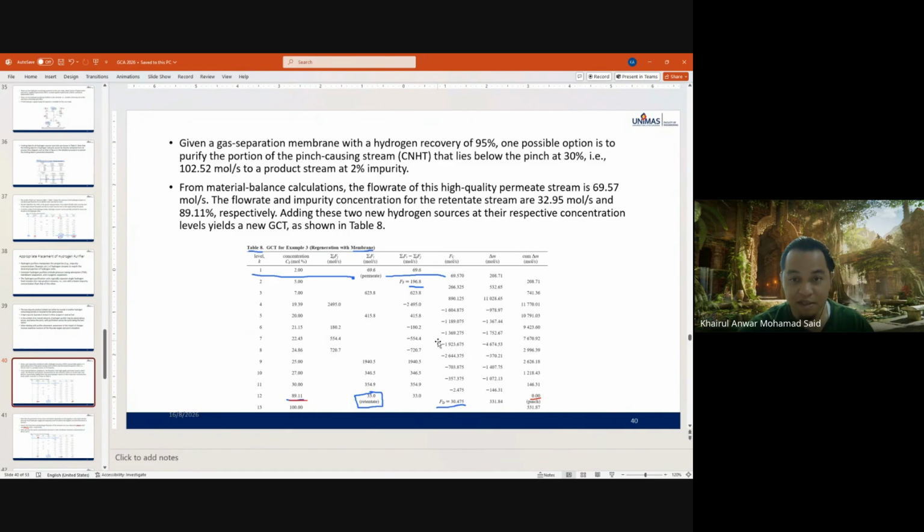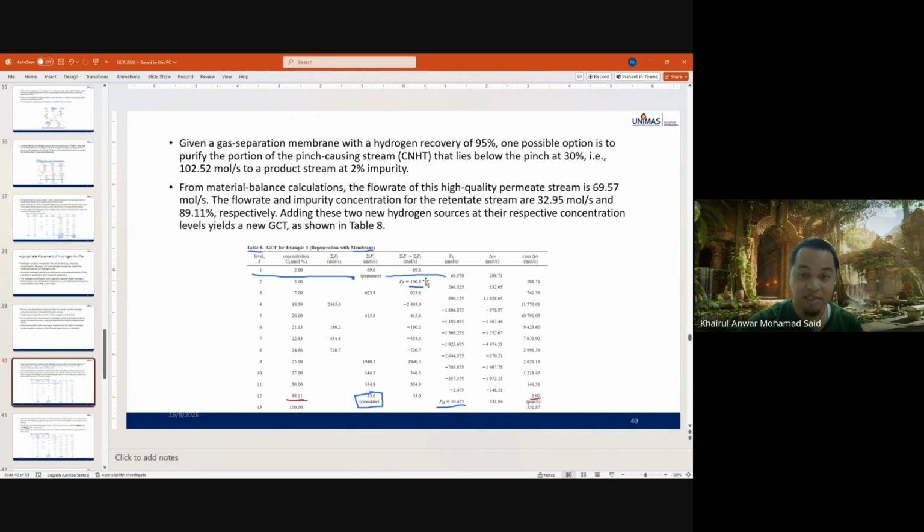So the fresh feed required is 196.8. That's perfect. Originally it was 277, then without the purification, 268.